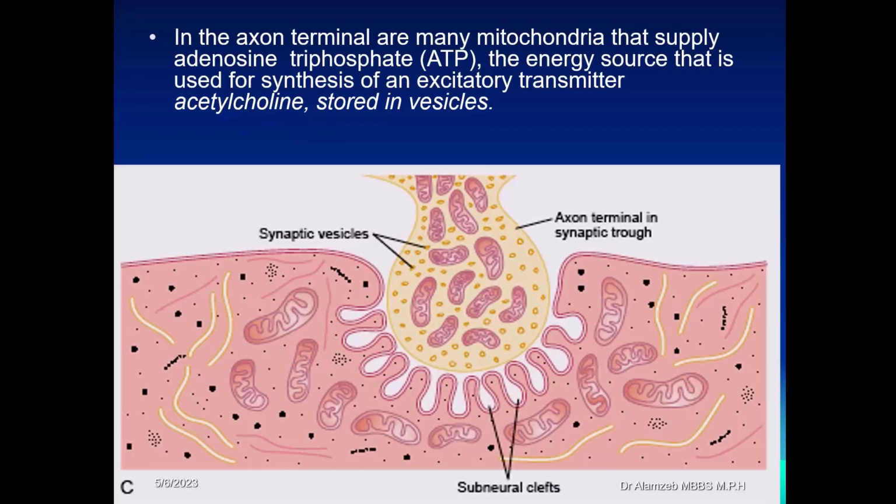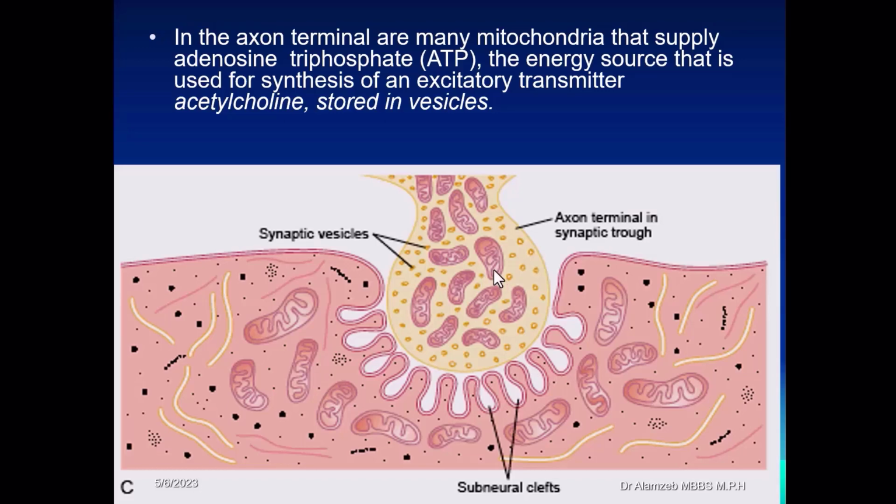In the axon terminal are many mitochondria that supply adenosine triphosphate, ATP, the energy source that is used for synthesis of the excitatory transmitter acetylcholine, stored in the vesicle. You can see that in this neuronal terminal we have mitochondria.